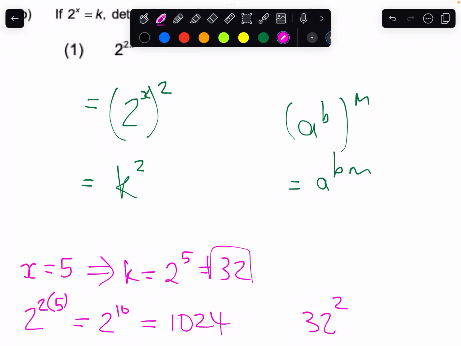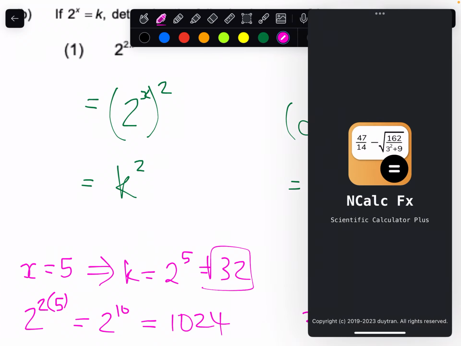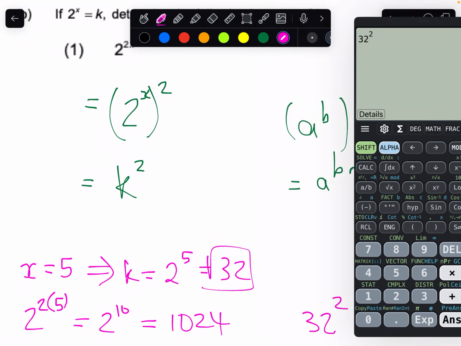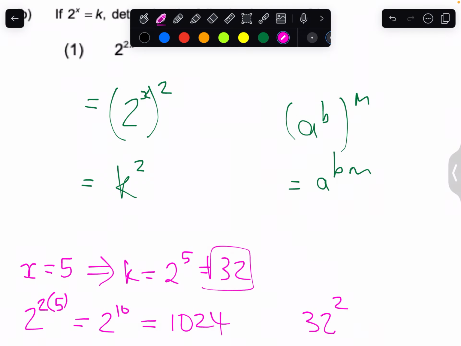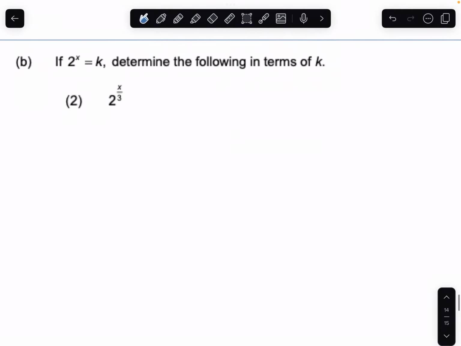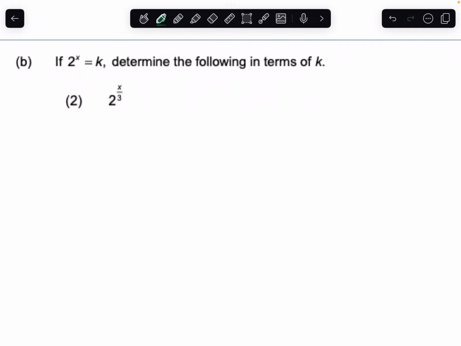Because that's what k is. If we bring our calculator out, it's been a minute, she is booting up, 32 squared is indeed equal to 1024. So just a fun side fact about paper 1. I'm sure you can do that in paper 2 as well, but I find it so much clearer in paper 1, the ability to test your answers.